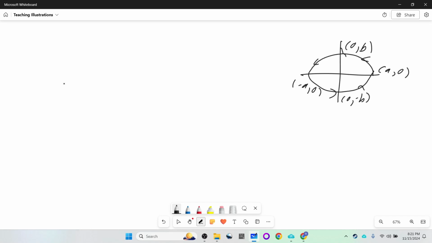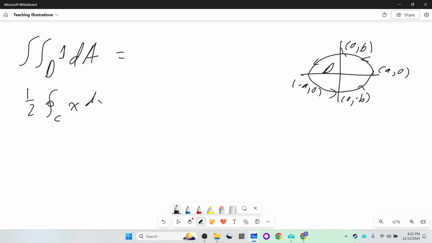And so if we want to know what is the area of that ellipse, the interior is D. So we want to know the double integral over D of dA. 1 dA is implied. And our formula says that it is the same as 1/2 the path integral of x dy minus y dx.